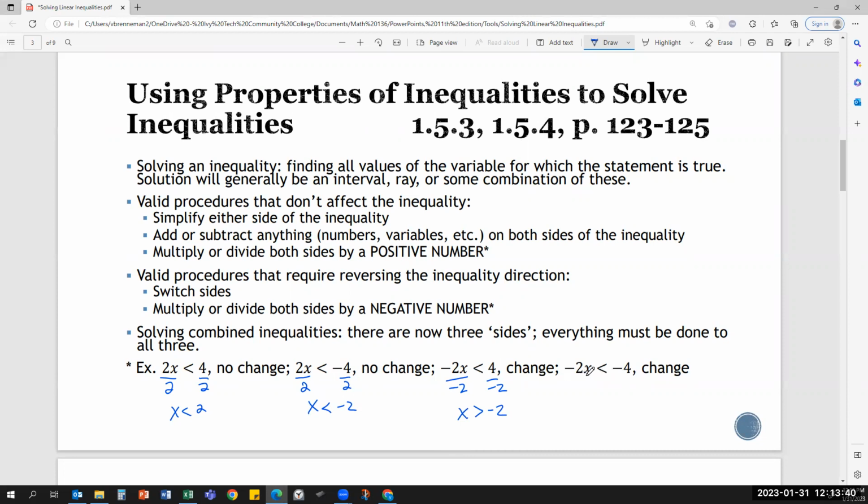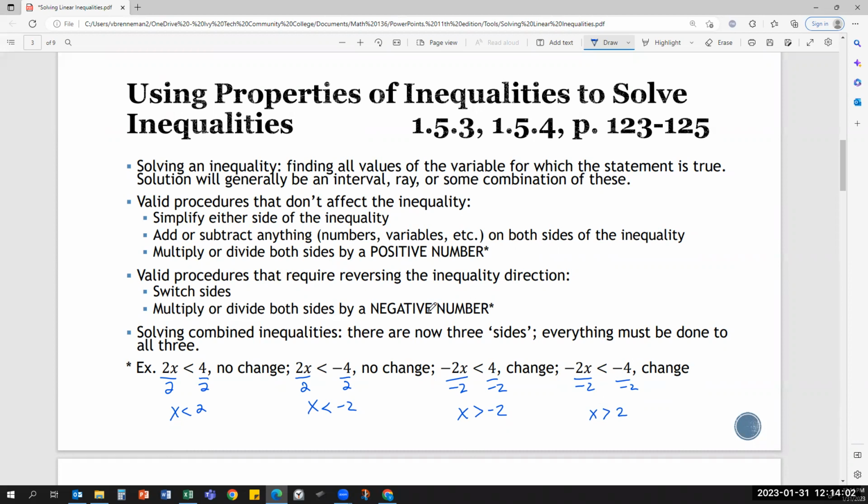And the same thing, negative 2x less than negative 4: when I divide both sides by negative 2, I have to switch and have x greater than positive 2. So just be careful as far as when to switch or not switch. That's the main thing that makes solving inequalities different from solving regular equations.